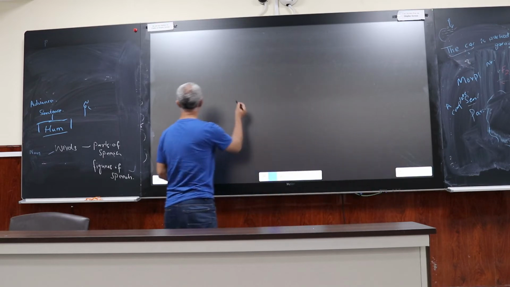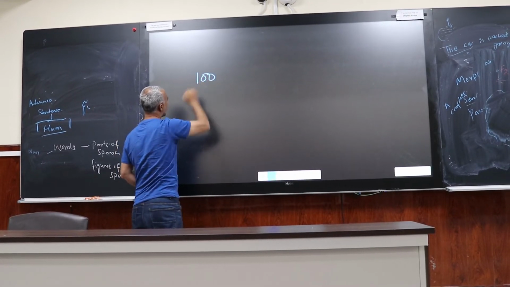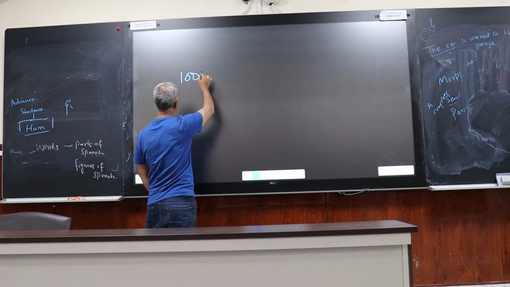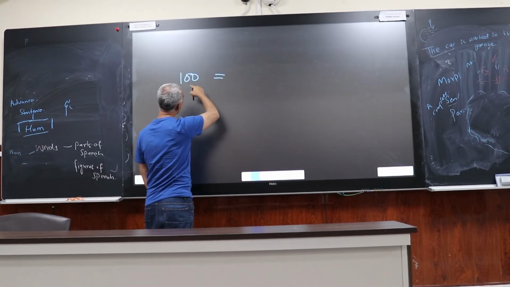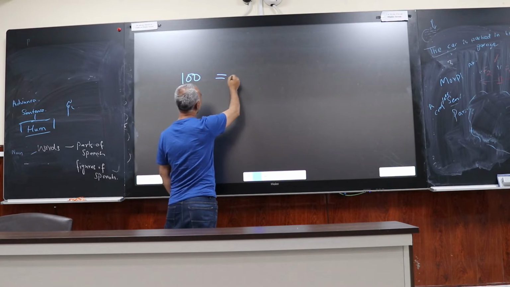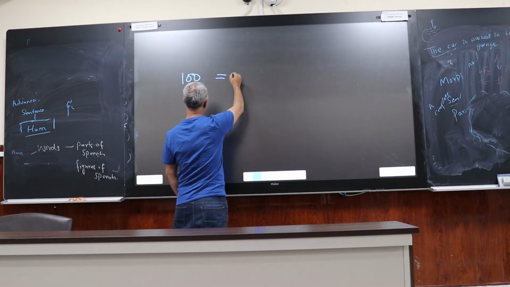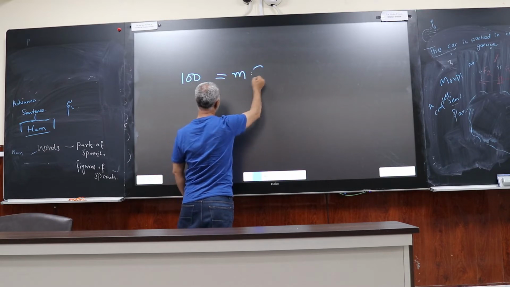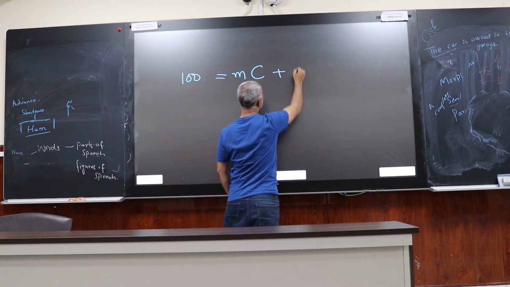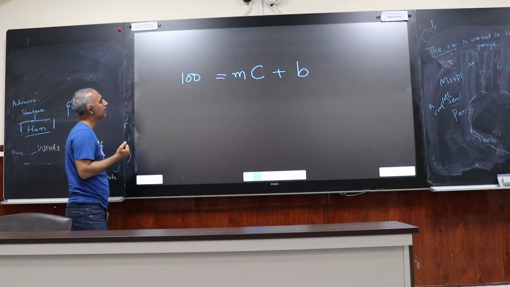In this situation, this is the boiling point of water in terms of Celsius. So C plus B. Just leave it as it is for a moment.